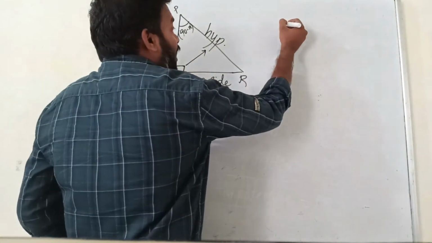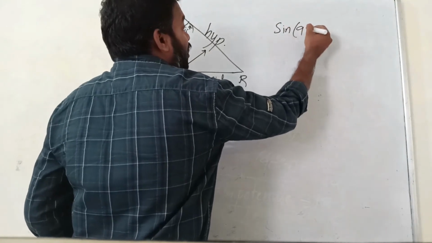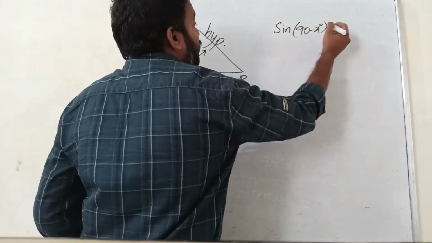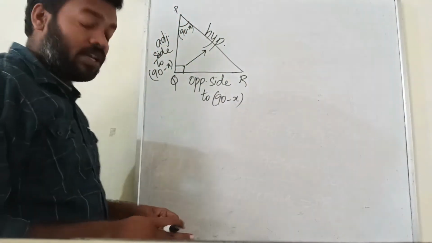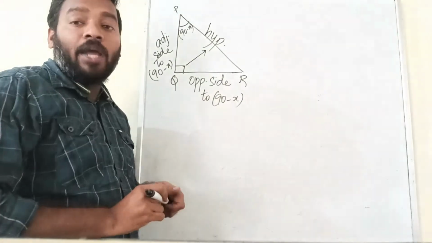For sine 90 minus x, you know the formula for sine: the opposite side to that angle by the hypotenuse.